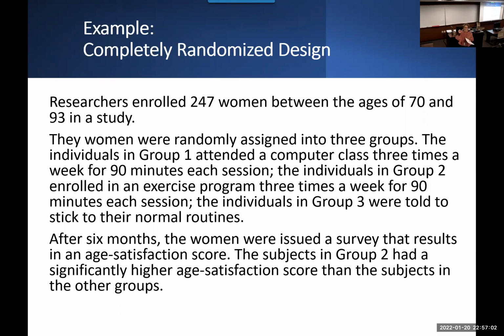Now, the completely randomized part is that of those 247 women, they randomly assign them to one of the 3 groups. And then all women in that single group perform the treatment of either computers, exercise, or nothing. So that's an example of a completely randomized group.